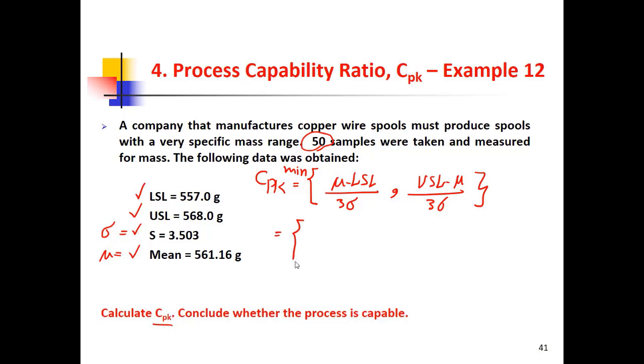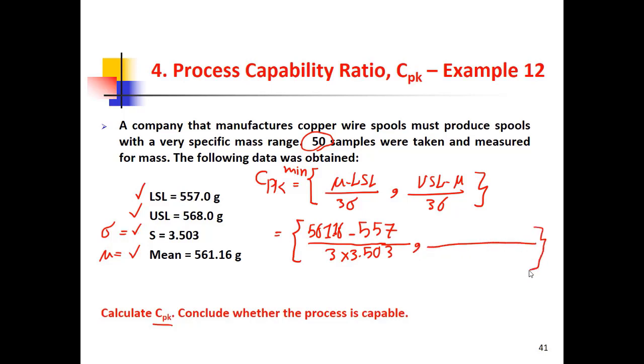So I just put all the data that I have here. I have mean, which is 561.16, minus LSL. What's LSL? 557. Divided by 3 times 3.503.